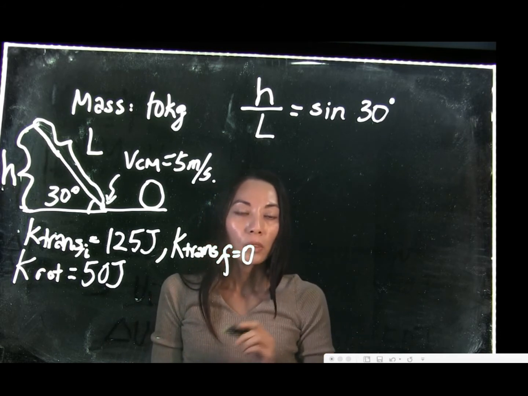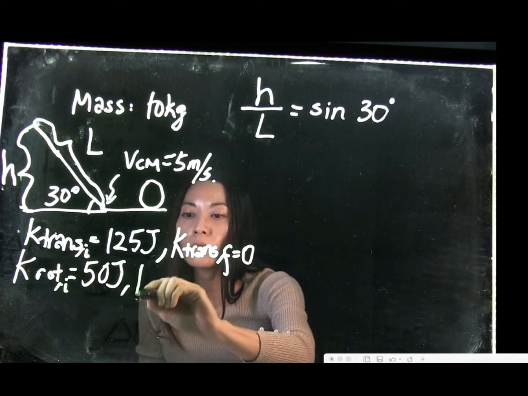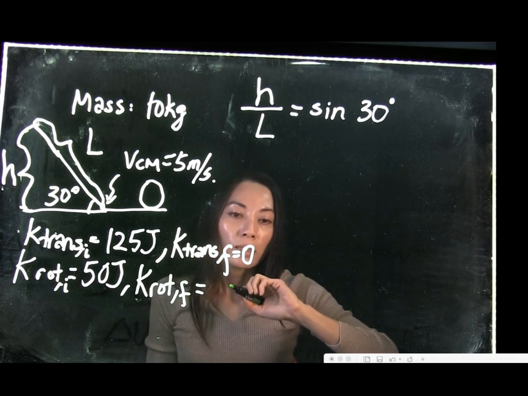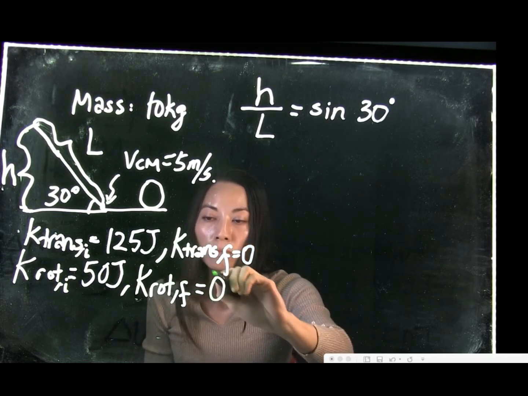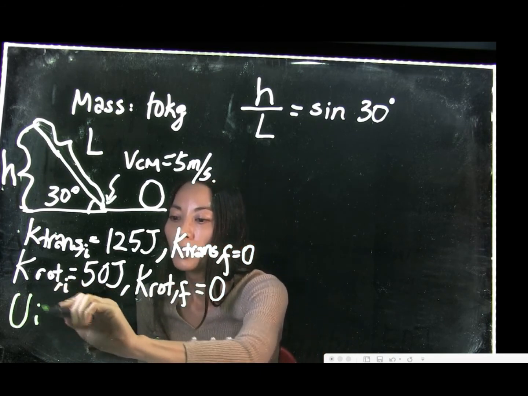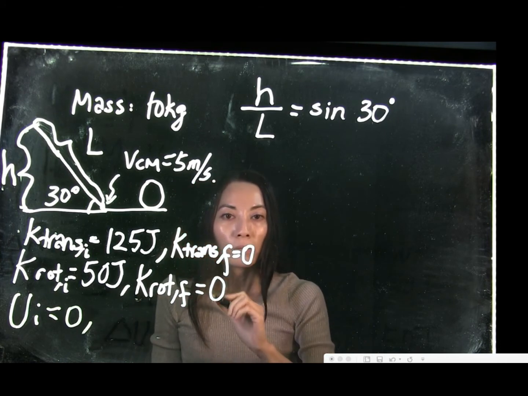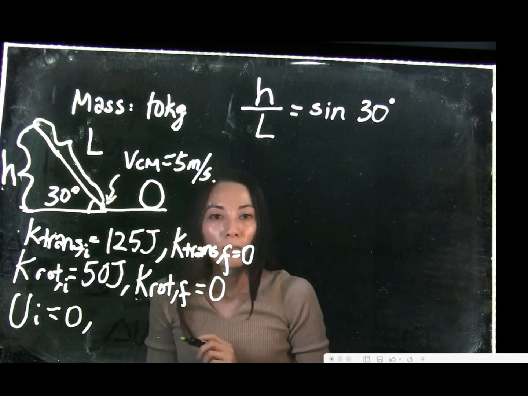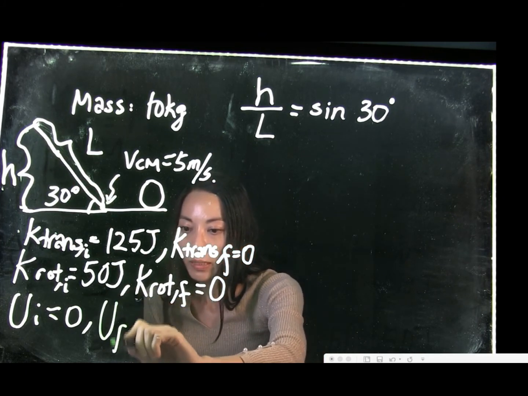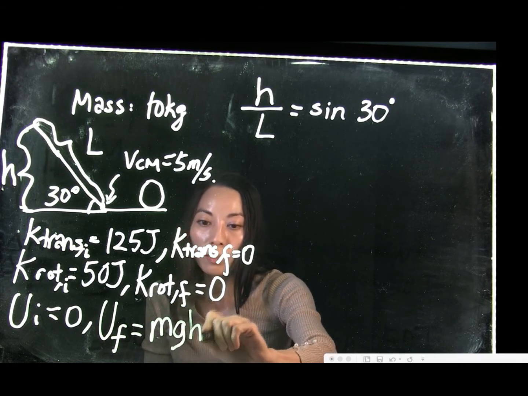And likewise, when it stops, it also has a final rotational kinetic energy of 0. At the base of the ramp, the potential energy is 0. But when it has gone up the ramp to a height h above the horizontal, we have a final potential energy of m, g, and h.